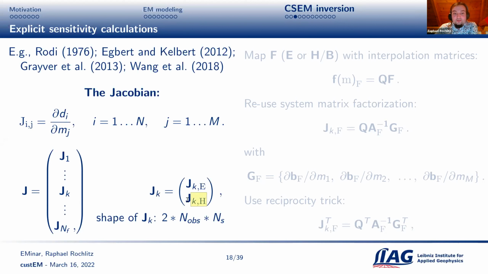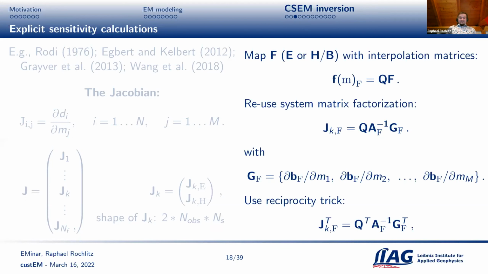In semi-airborne, of course, most of our observations are magnetic field observations in the air, but it can also be electric field observations on the surface. And each of these sub-Jacobians consists of 2 for real and imaginary parts times the number of observations times the number of sources entries. So this is basically the structure of our Jacobian.